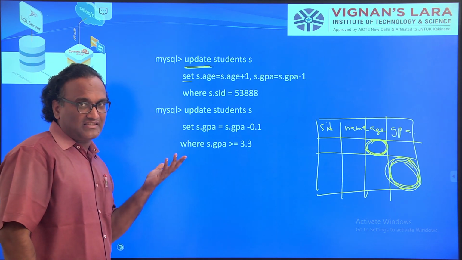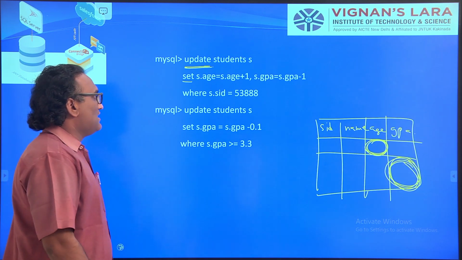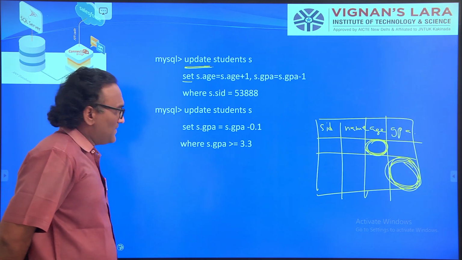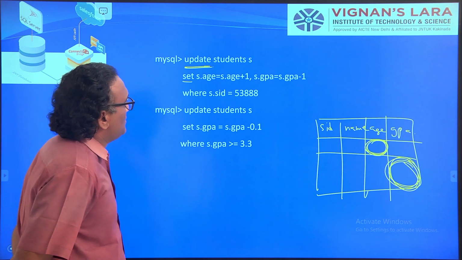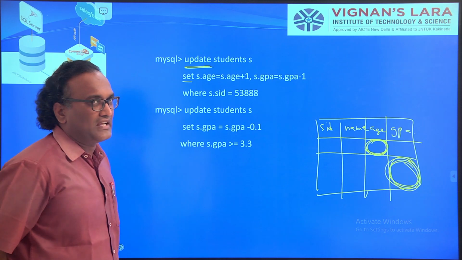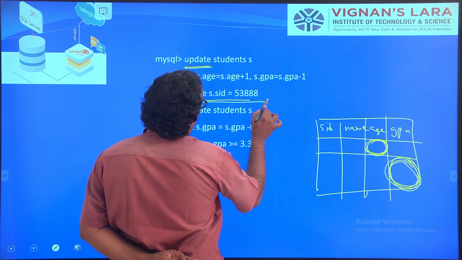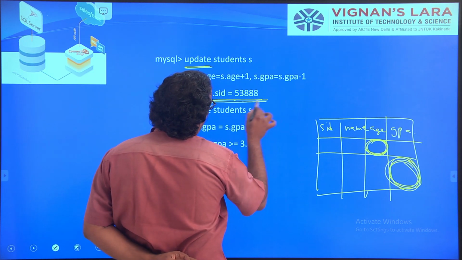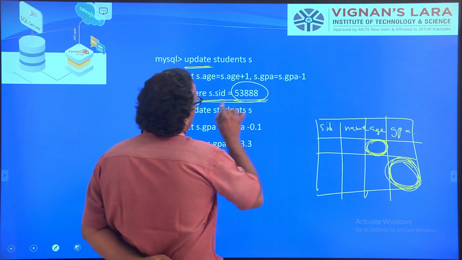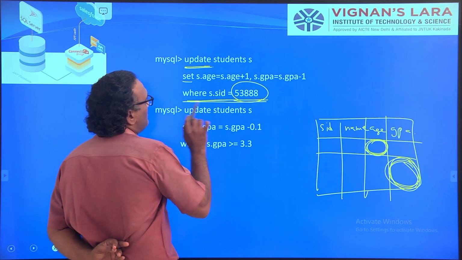You can do mathematics, that is what I want to say. s.age is equal to s.age plus 1, and s.GPA is equal to s.GPA minus 1, where s.SID is equal to 53888. For the corresponding student who has this ID, for that person only, age should be updated by 1 and GPA should be reduced by 1.